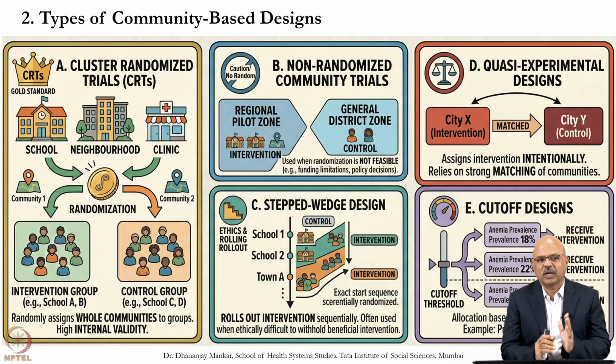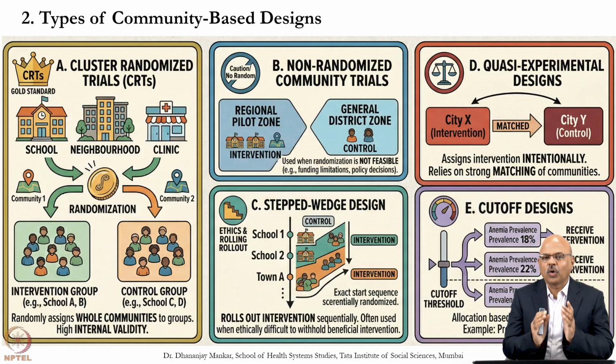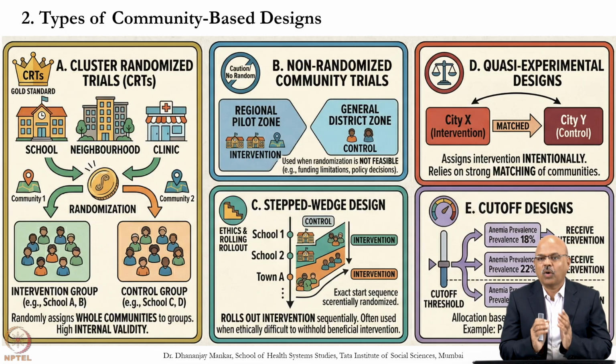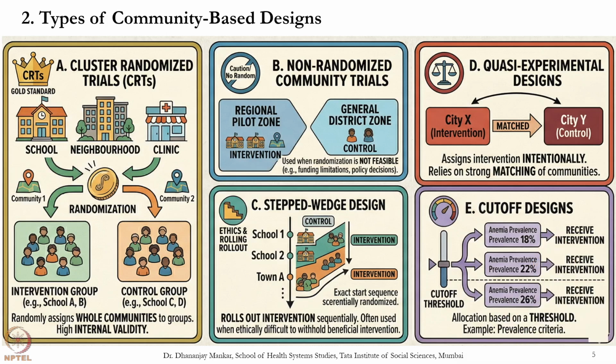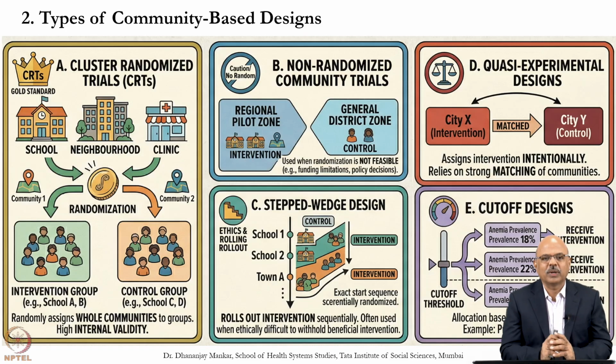One is the cluster randomized trials, which we call CRTs, then non-randomized controlled trials, community trials, called NRCT, and the third one is the quasi-experimental design, that is QED, the fourth one is the stepped wedge design, SWD, and the last, the fifth one, is the cutoff design, CD. So if you take the different types of community based designs, let us try to understand what is the purpose that we have seen.